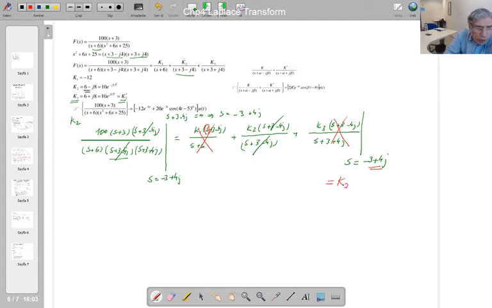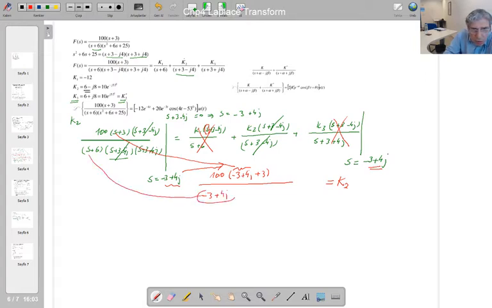It is equal to what? Now I'm going to replace s. S is minus 3 plus 4j. I wrote it for this s now. That is that s, and that is that s. Plus 3 over minus 3 plus 4j, that is this s, plus 6.